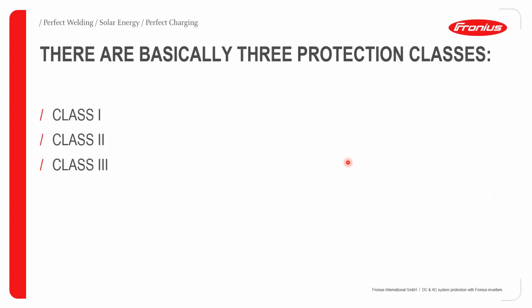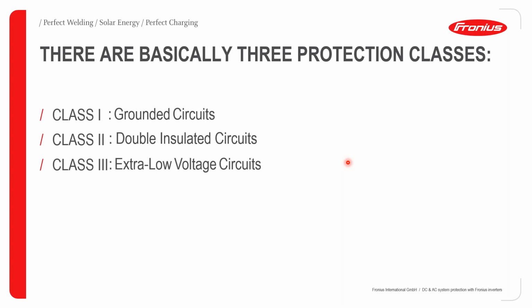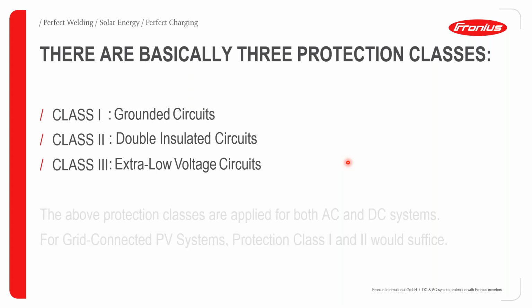When it comes to protection classes, there are basically three. We have class 1, 2, and 3. Class 1 is with reference to grounded circuits. Class 2 is looking at double insulated circuits, and class 3 would be for extra low voltage circuits.